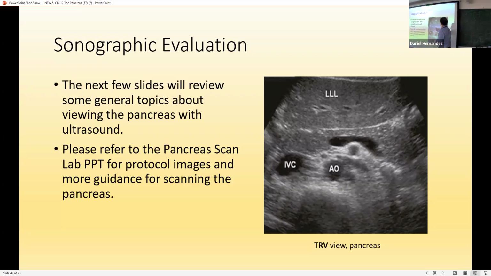Visualize that portal confluence, your splenic vein. Of course, you're underneath the body and tail of the pancreas. Most patients show a portion of the left lobe of the liver anterior. So again, the liver sits in front of the pancreas. Maybe the stomach also anterior to the pancreas. We said the stomach makes that anterior border as well. And you've got your nice aorta, IVC there.